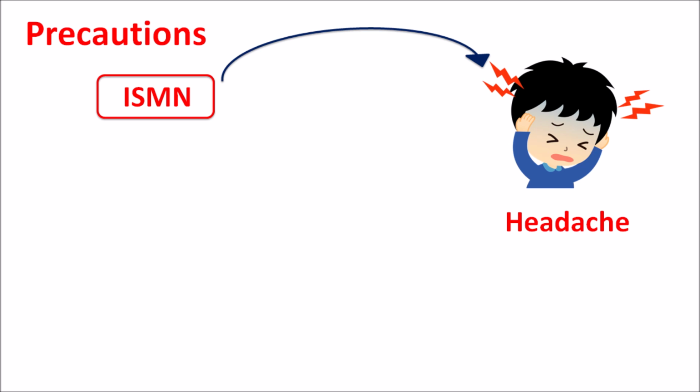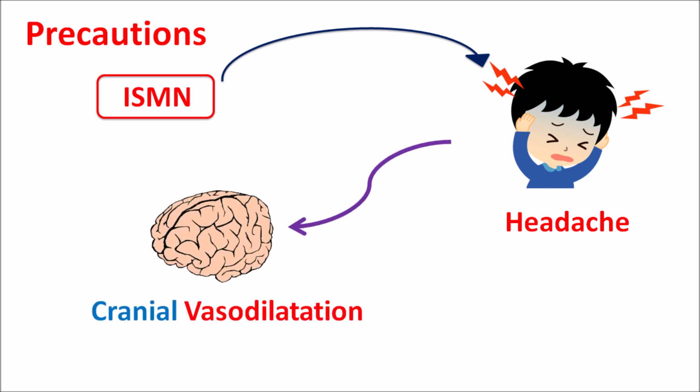Due to the development of headache, the patient should not stop the use of isosorbide mononitrate, because headache is a pharmacological effect produced by this drug. And this headache is because of cranial vasodilatation produced by isosorbide mononitrate, since this drug acts as a vasodilator.